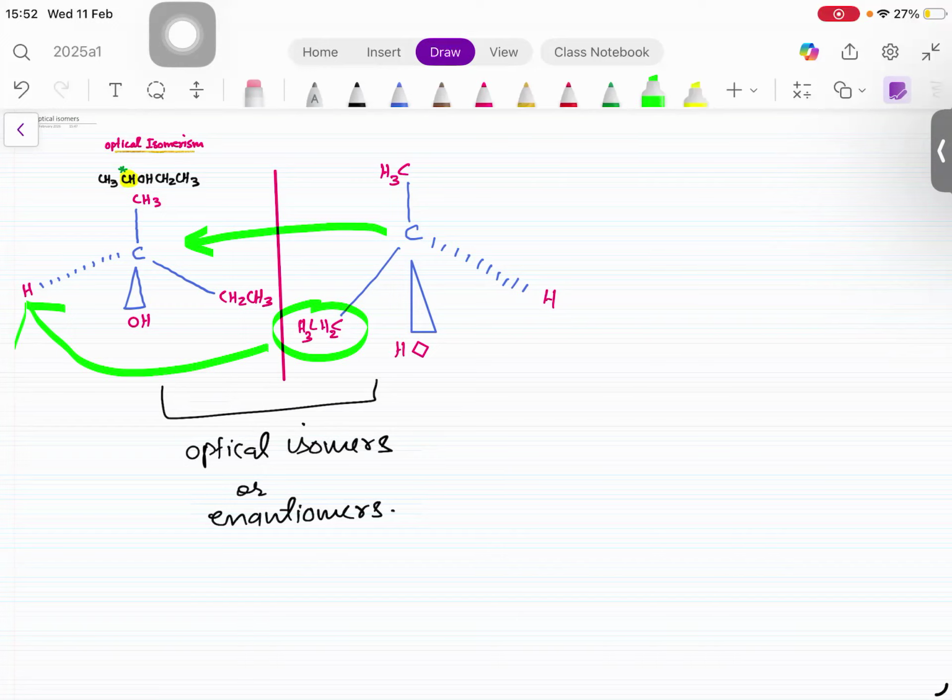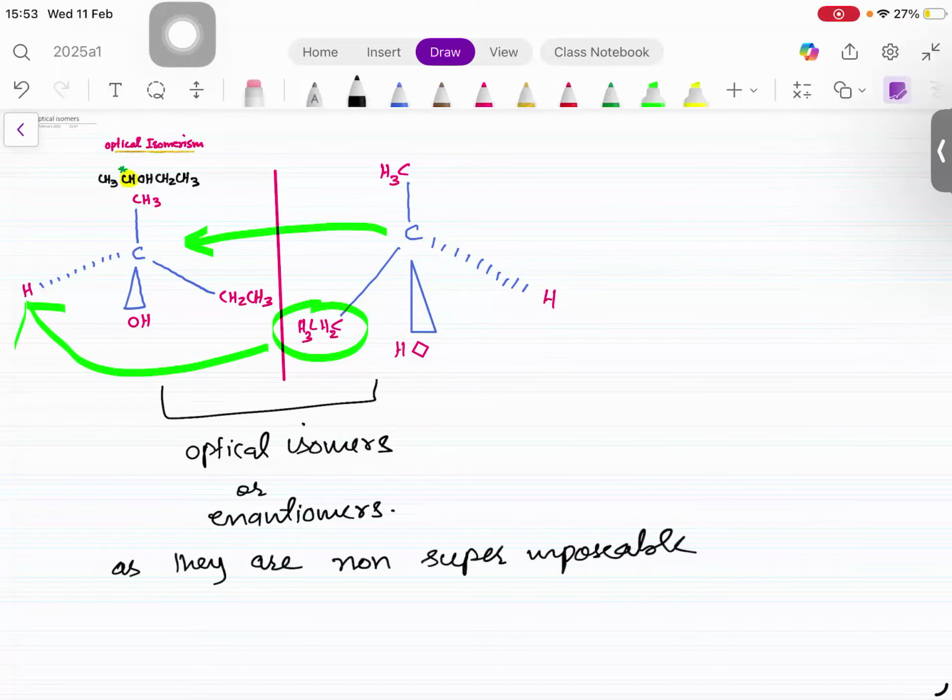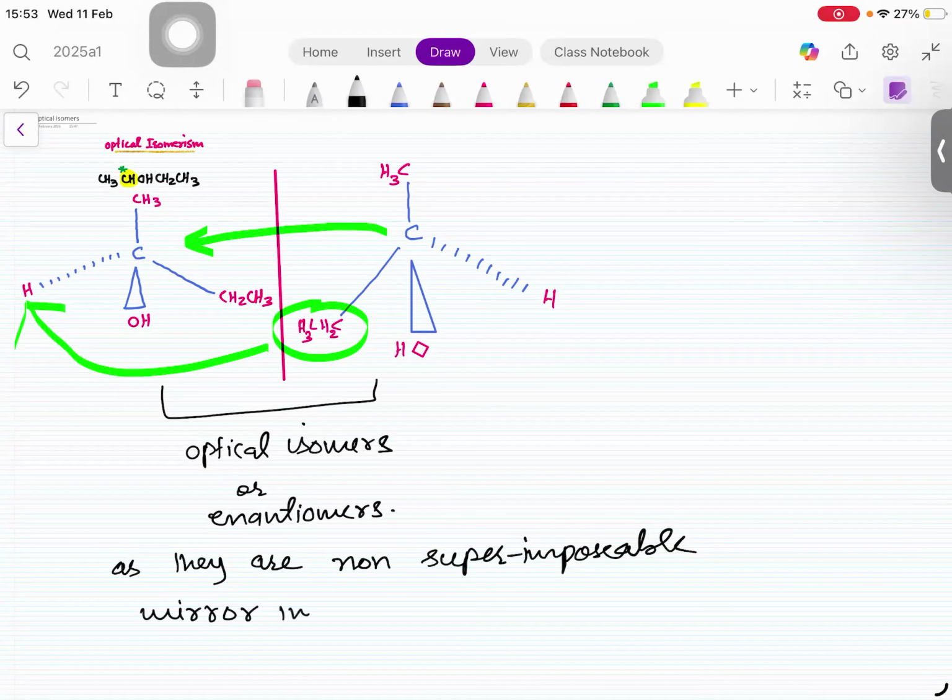So it doesn't superimpose; superimpose means all the groups fit in. So they are non-superimposable mirror images. That's why they are known as optical isomers or enantiomers.